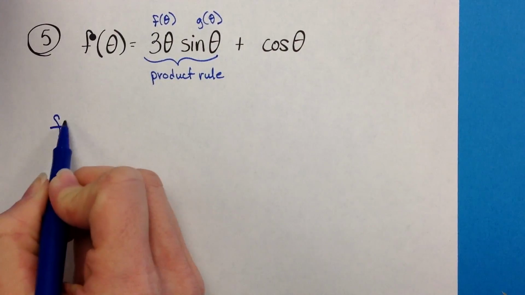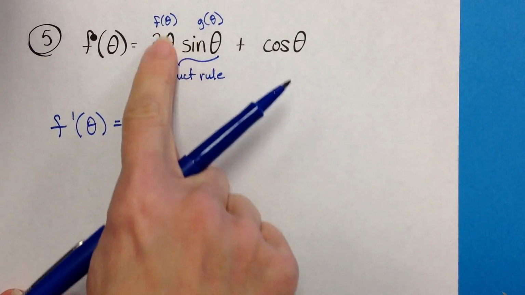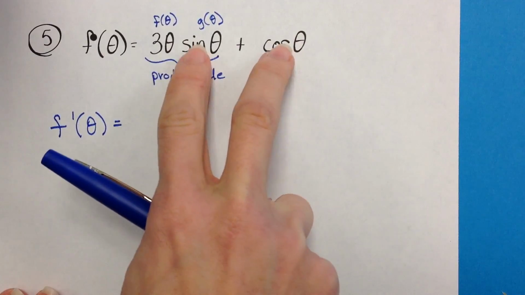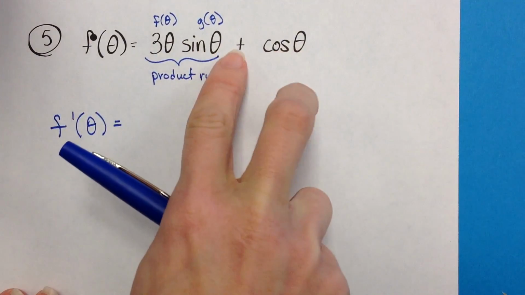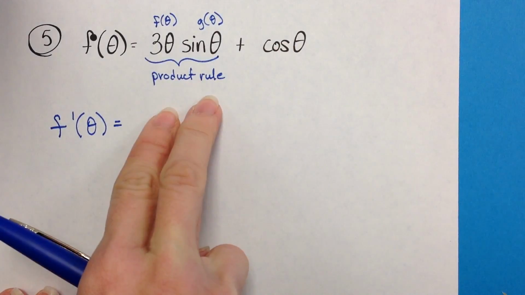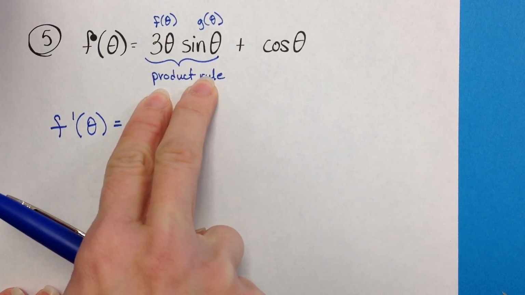Okay, so starting your derivative. Well, let me say this. We've learned in the previous section when you have a sum or a difference, you are allowed to take the derivative of those terms individually. So to be able to take the derivative of this first term, you would have to use product rule.